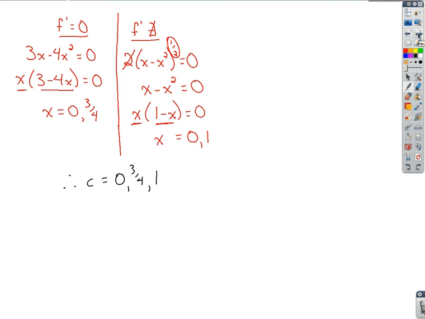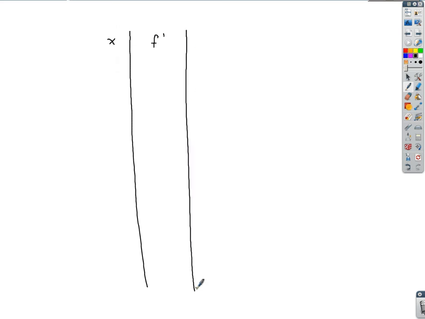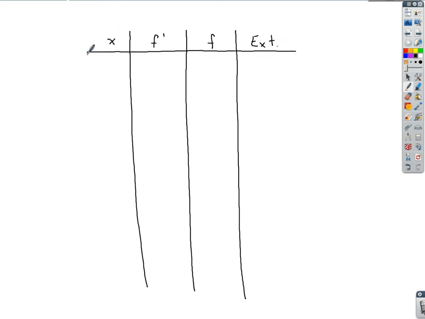So let's go to the intervals now. As we set up our intervals, we're going to explore our intervals for x. We're going to use the first derivative to help us decide where the function is going up or down. And then we're going to look at those changes in direction for the function, if there are any, to determine extrema.